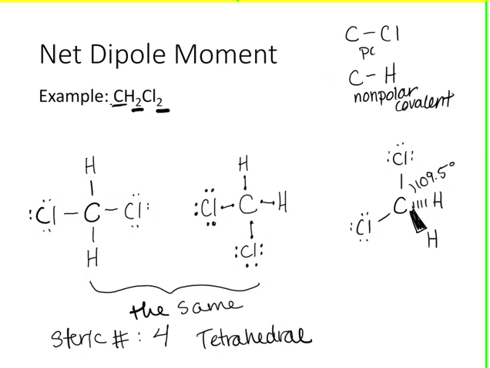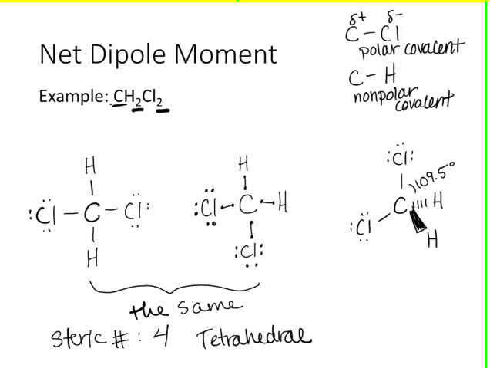So this is polar covalent. And which atom was more electronegative? Chlorine. So chlorine will be partially negative, carbon will be partially positive.